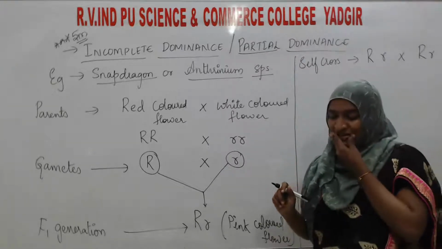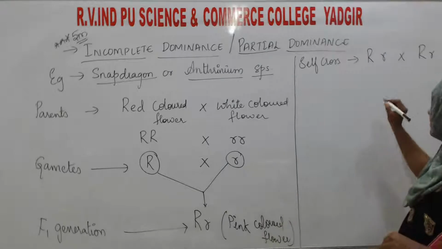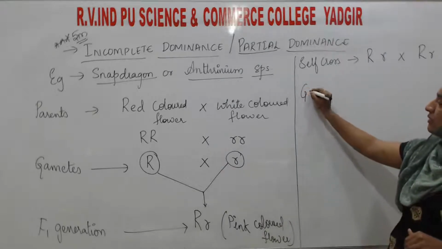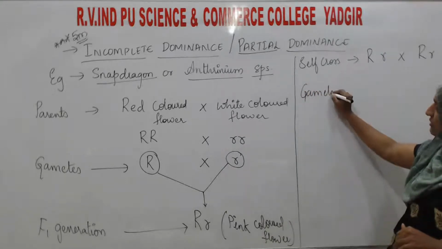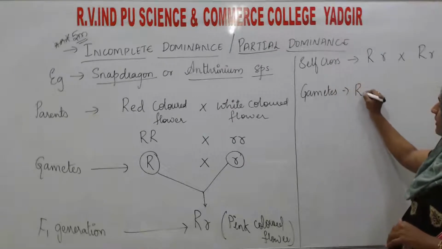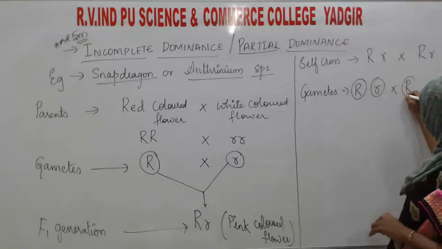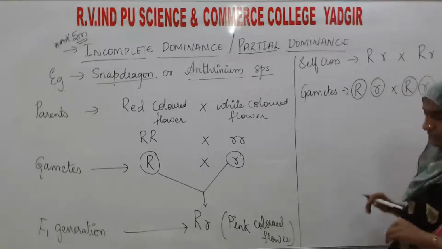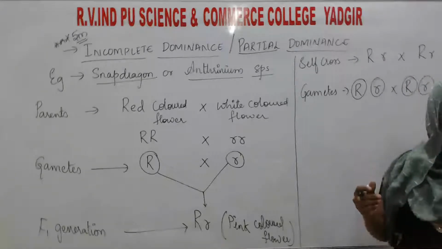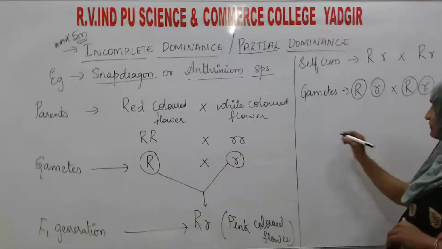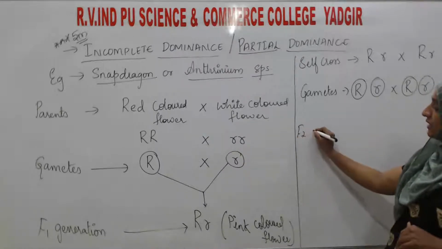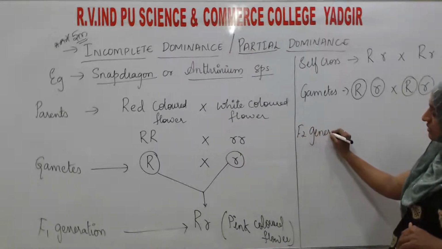Next, what will be the gametes of the F1 generation? This will be capital R, small r into capital R, small r. By using the unit square checkerboard, we can get the F2 generation.